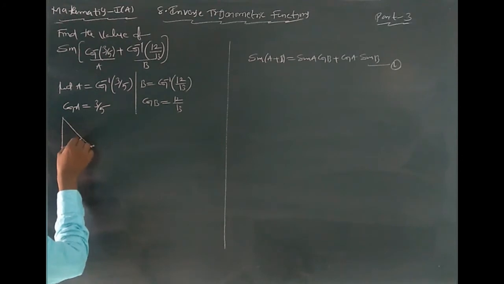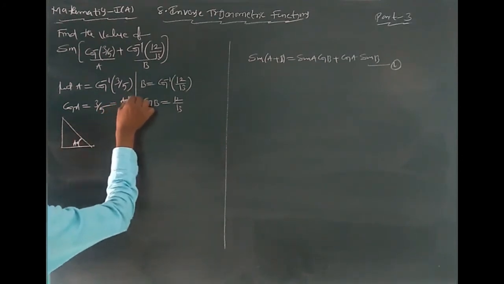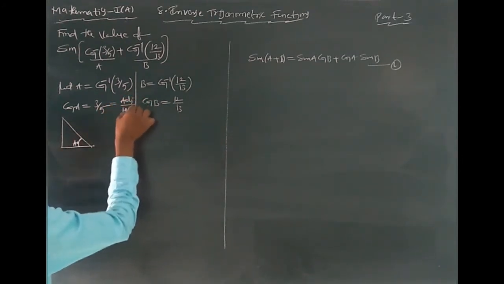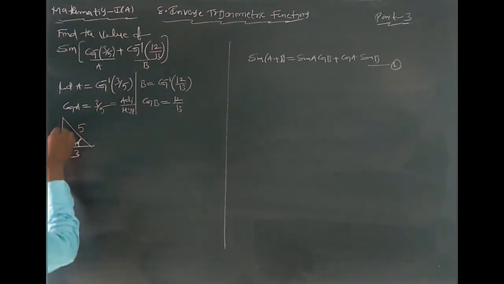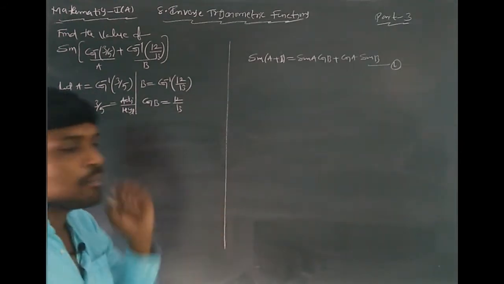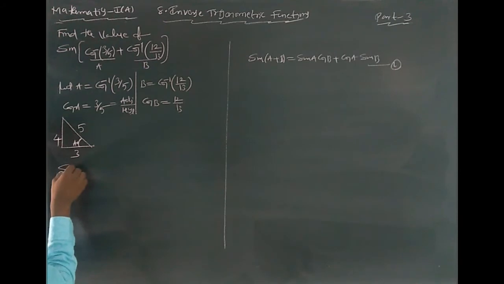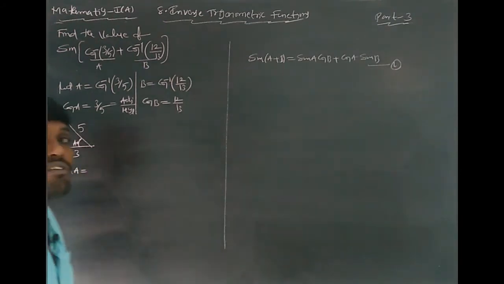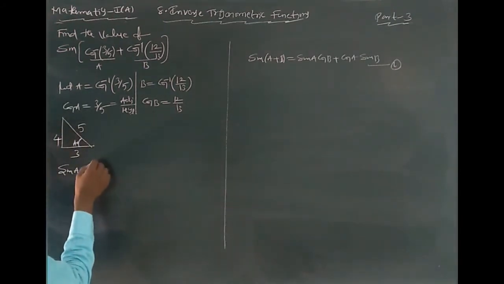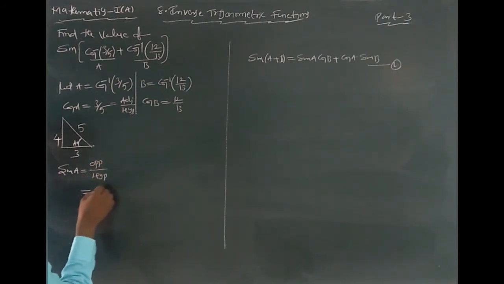In this right angle A, this is adjacent by hypotenuse. This is 5, this is 3, so this is 4, this is a triplet. That's why you can write sine A. What is the value of sine A? Sine A value is opposite by hypotenuse. That's why you can write opposite 4 by hypotenuse 5.